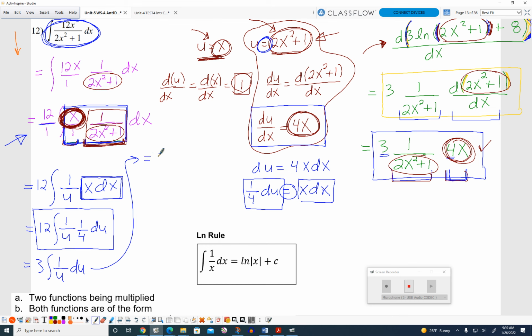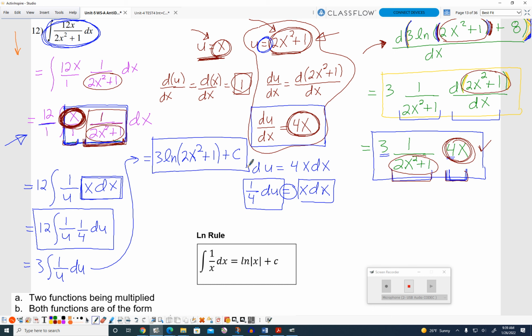And this is the answer. Now, they drop the absolute value bars because 2x squared plus 1 is always positive. Then you add on a random constant. You don't know what it is, you just know it's something. If you take the derivative of the blue box, you get that.